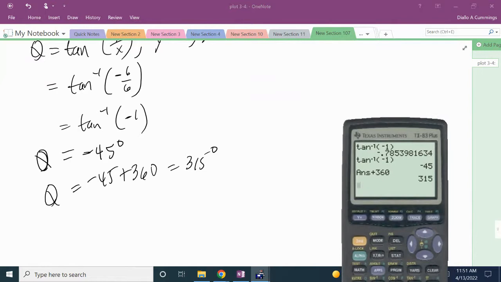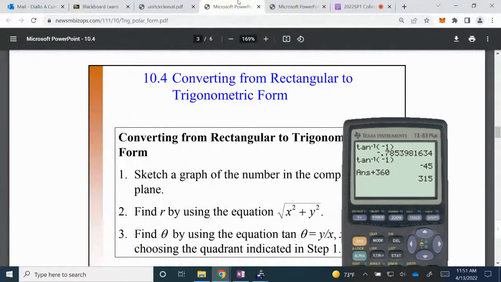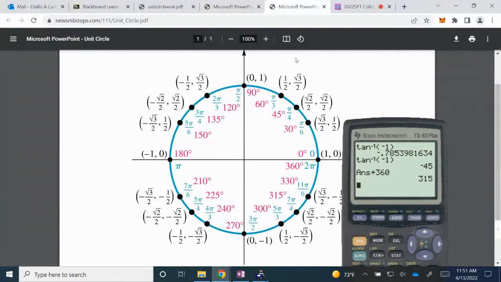Now, since it wants the answer in radian measure, I'm going to pull up the unit circle, and I'm simply going to find that equivalent.